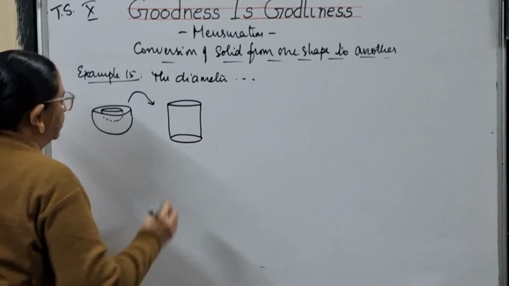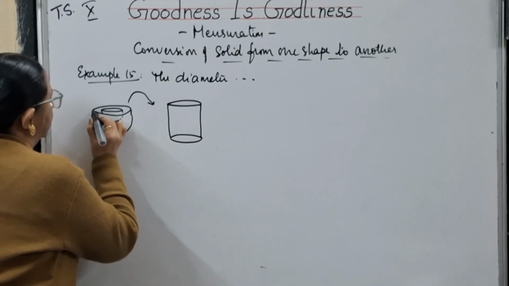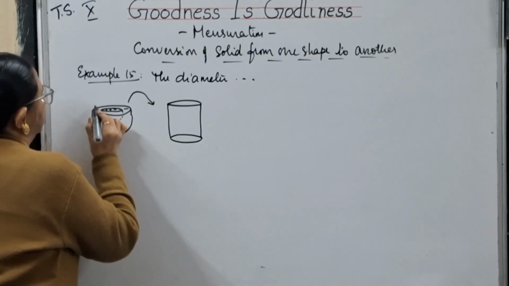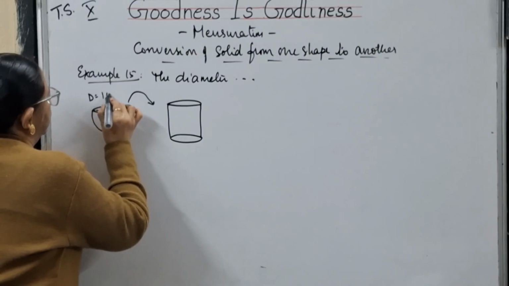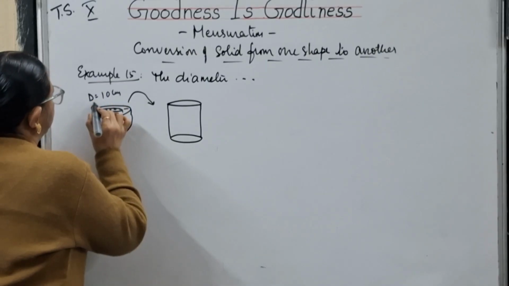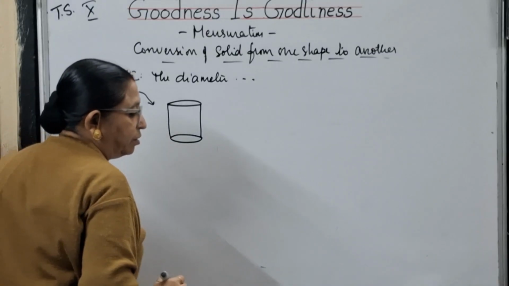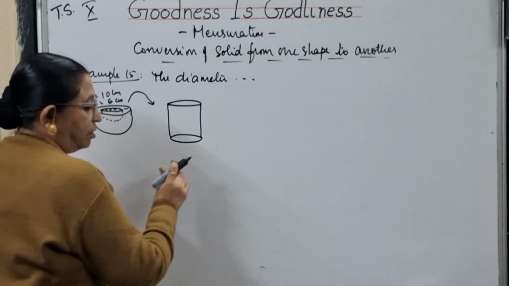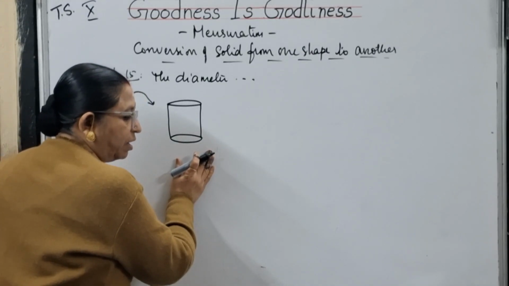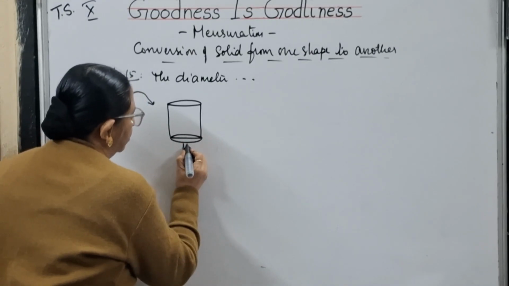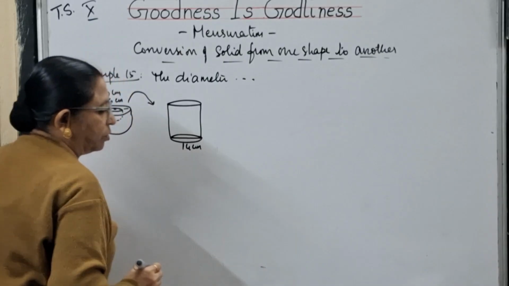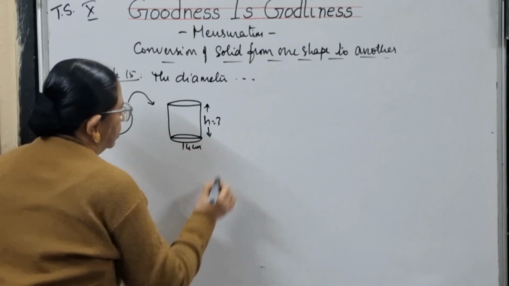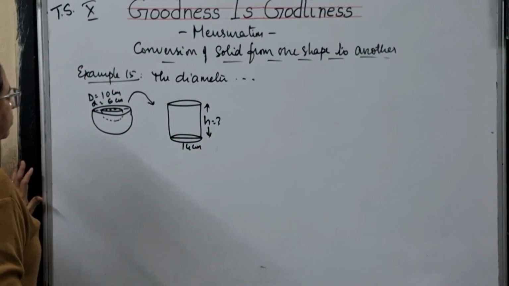The hollow hemispherical shell has outer diameter, let me call it capital D, equal to 10 centimeters, and inner diameter, small d, equal to 6 centimeters. It is cast into a cylinder which has diameter 14 centimeters. Now the question is, what is the height of the cylinder?